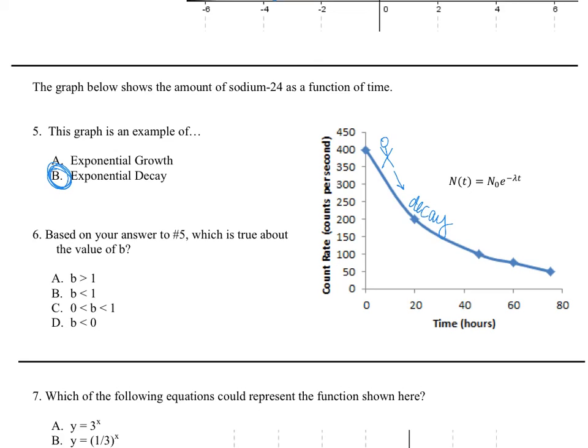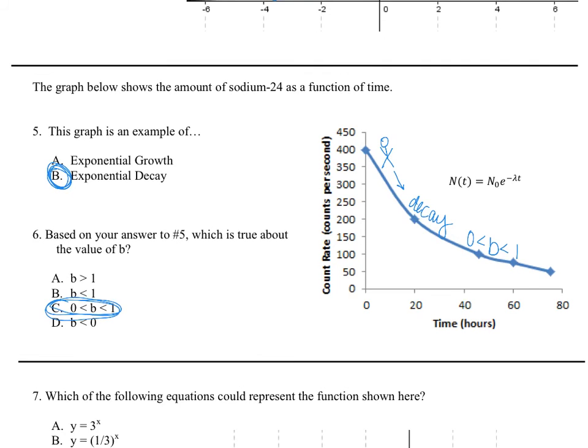It is decay. Now, we've talked about this. Decay means that 0 is less than B, which is less than 1. So looking at number 6, they're saying which could be true about the value of B. We've already answered it. We know it has to be between 0 and 1 for it to be decay.